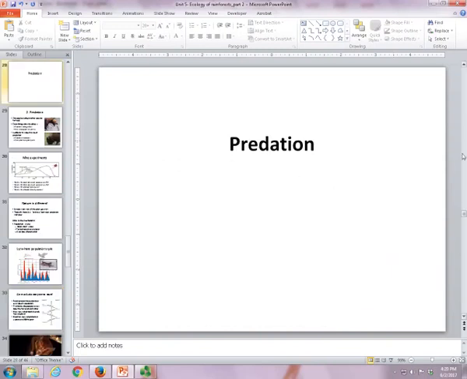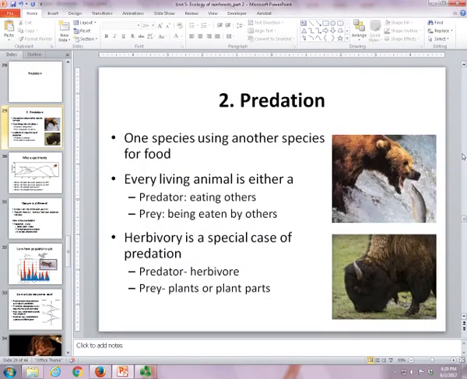Okay, so our next topic is predation. In this interaction, one species is using another species as food. If you think about any living organism, it's either a predator or prey.